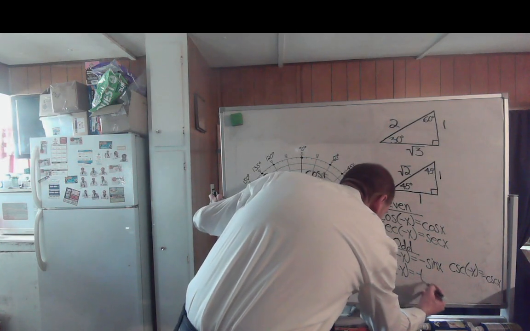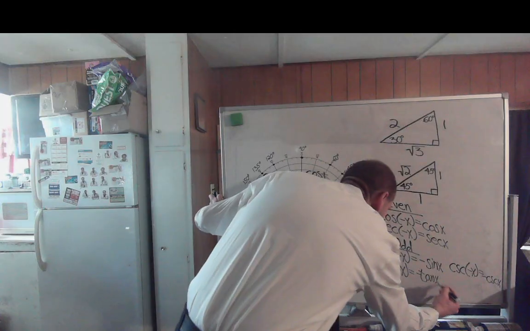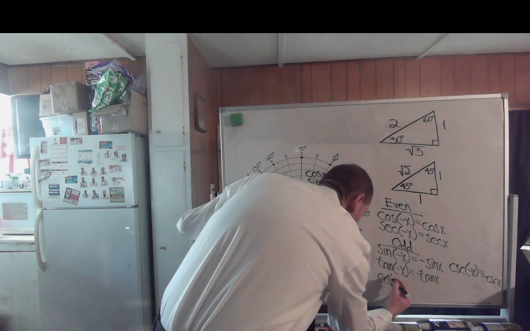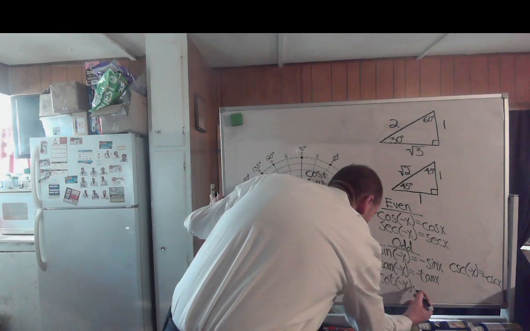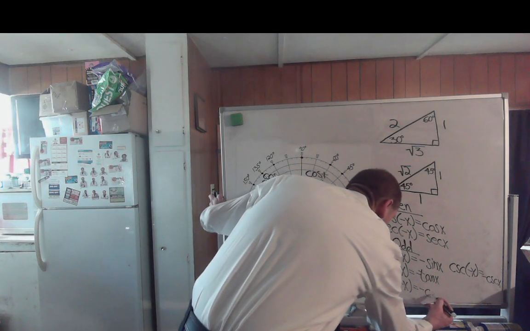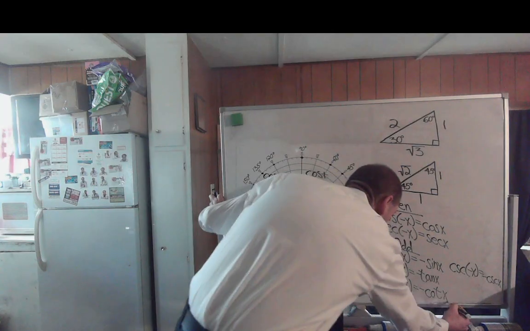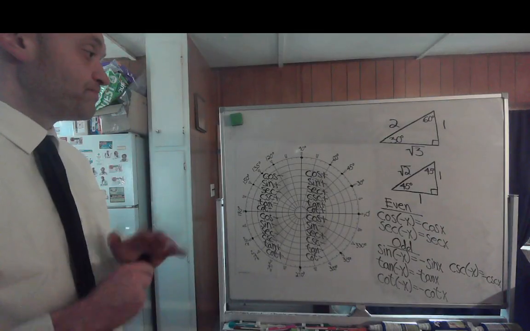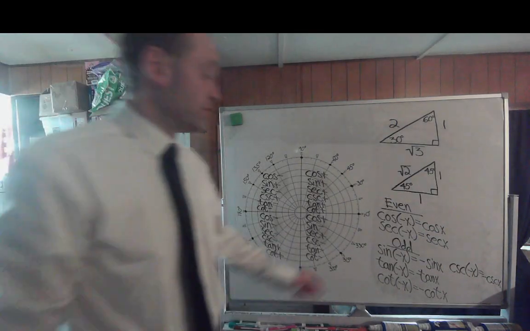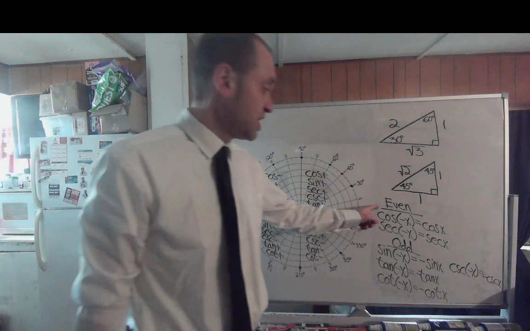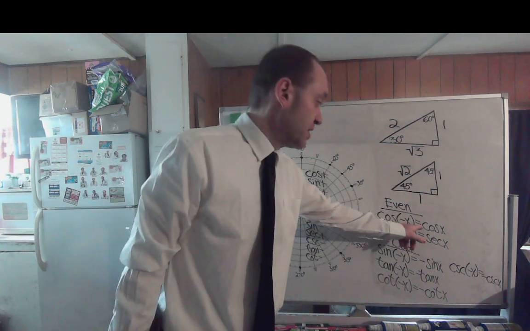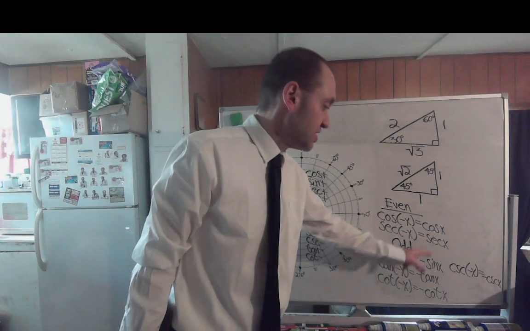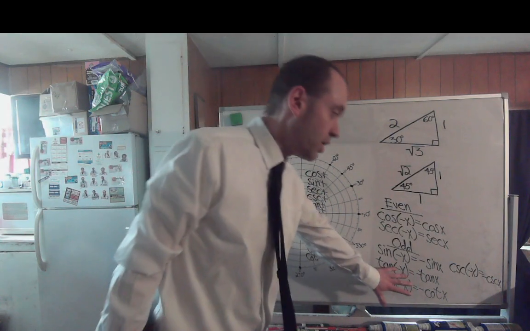It would become negative tangent of x, and then the cotangent of negative x would equal negative of the cotangent of x. Okay, so it's important to remember, if you remember nothing else, cosine is even, and then by extension secant's even, all the other four are odd.